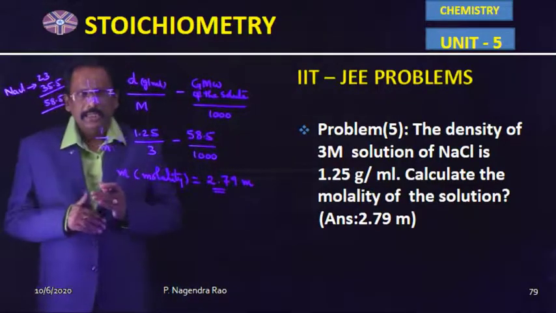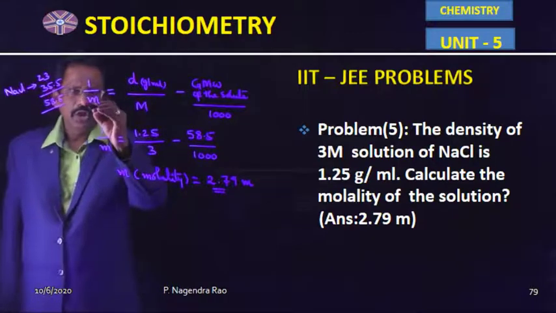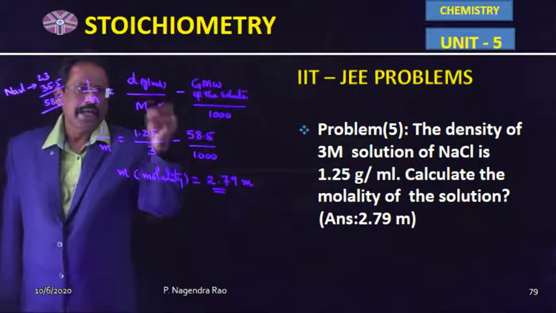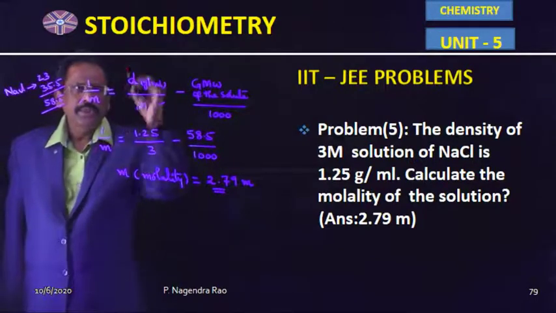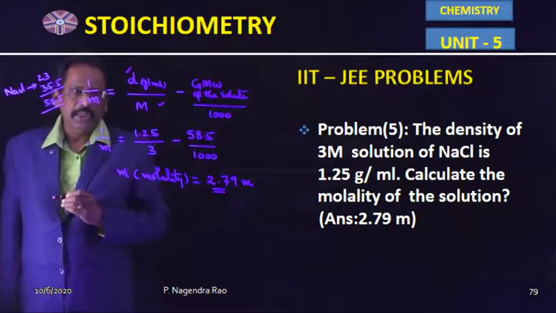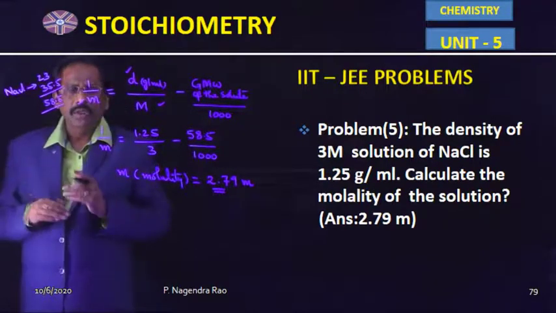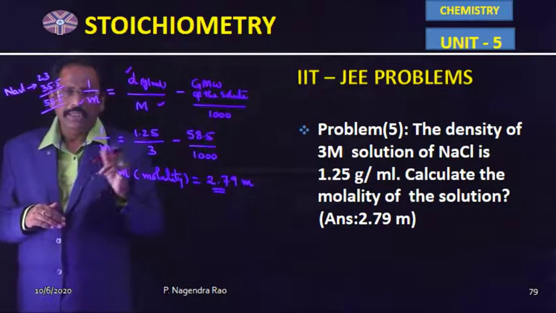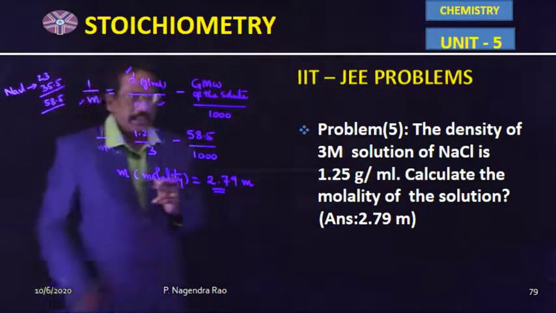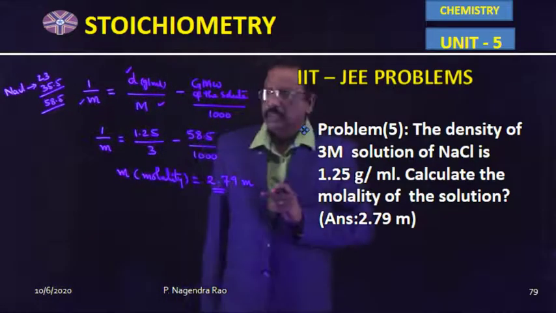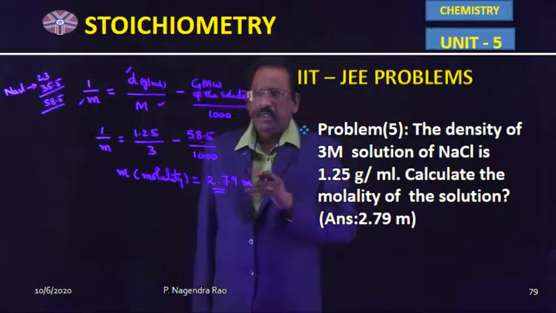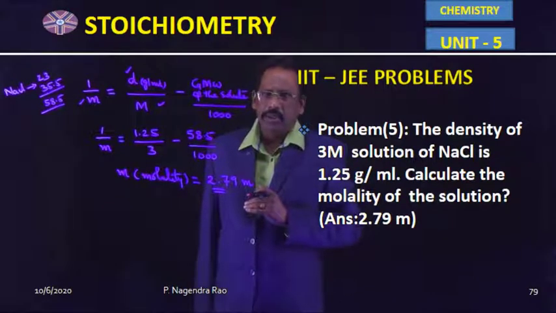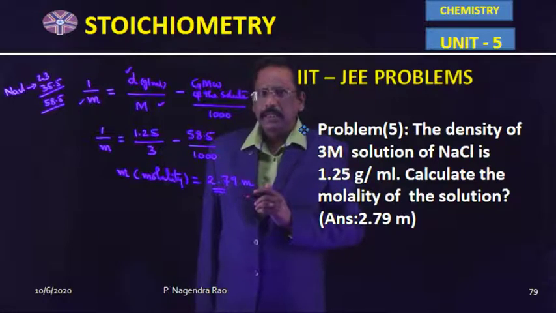So here the relationship between molality and molarity, if you know the density of the solution, is that the reciprocal of the molality is equal to the density of the solution in grams per milliliter divided by the molarity of the solution minus the gram molecular weight of the solute divided by 1000.